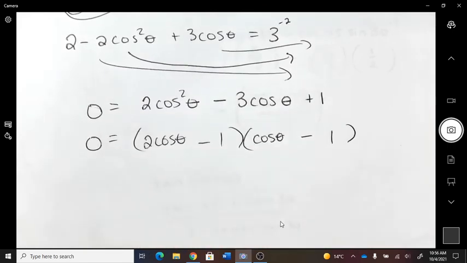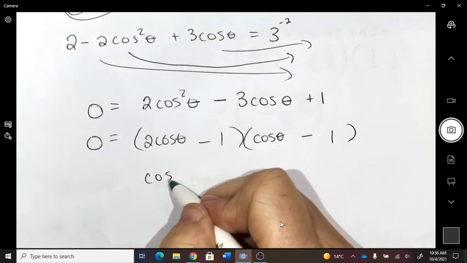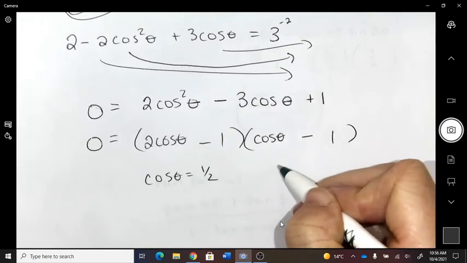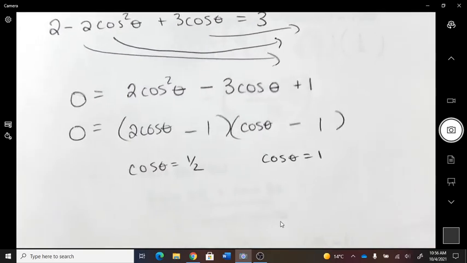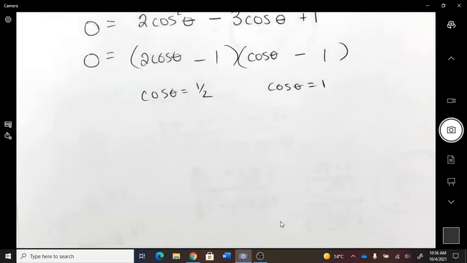Outsides and insides will make negative 3. Okay, so getting your trig values, we have cos theta is 1/2 and cos theta is 1. I'm not touching my calculator. I see everything would be on a unit circle here.